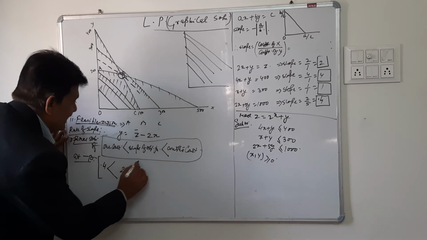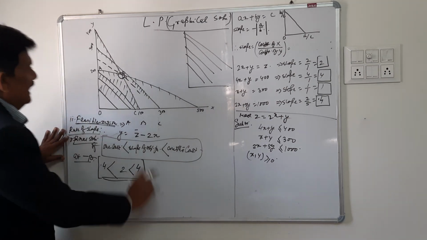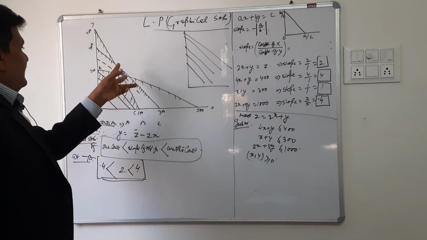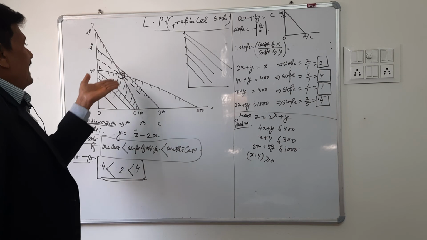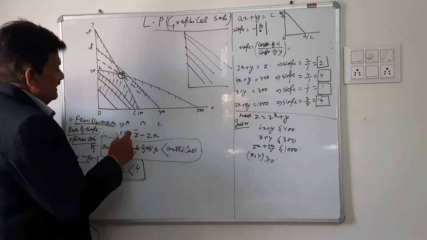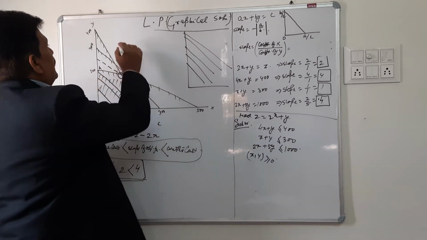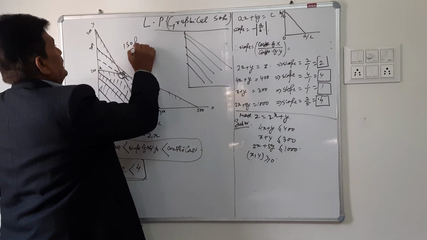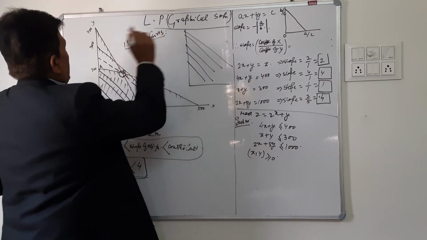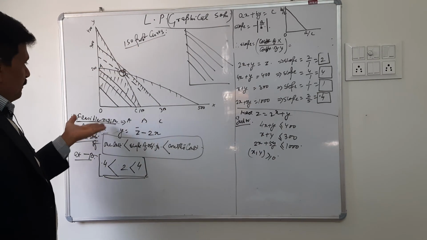This slope criterion authenticates that point B would be an optimal solution, because this point is tangent to the highest isoprofit curve. When we take different values of Z and plot them, we get a family of isoprofit curves. We start plotting the isoprofit curve from below.